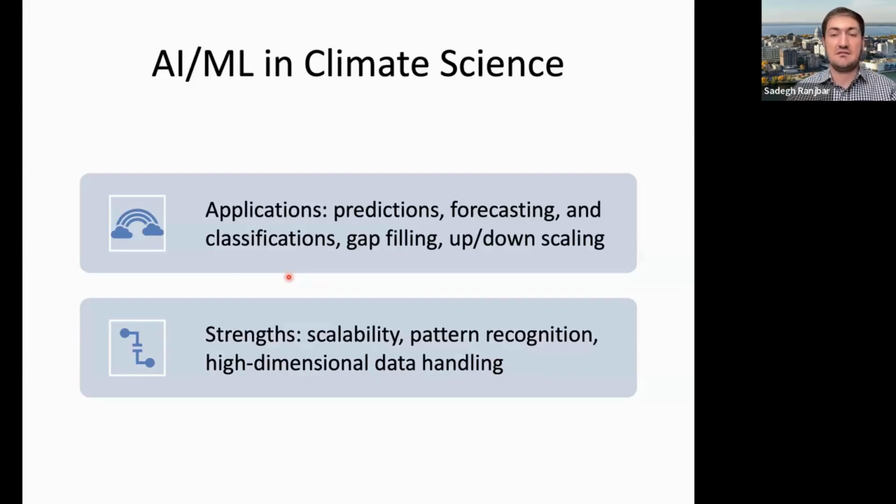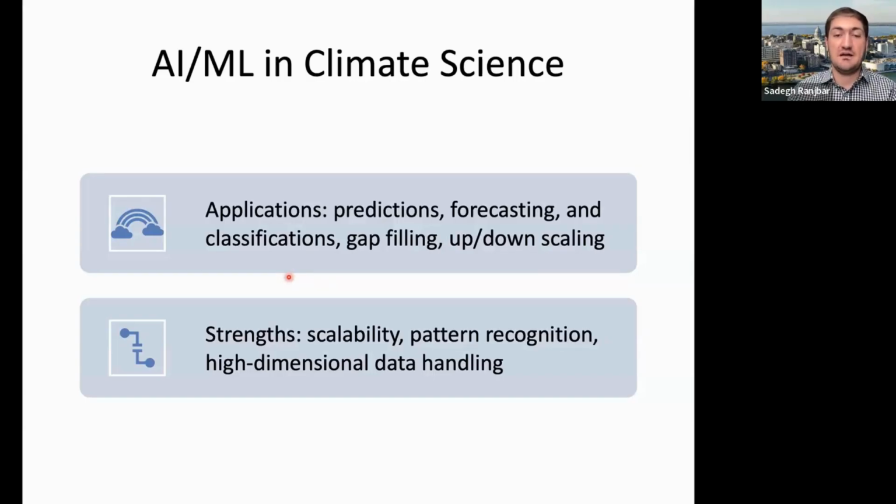First of all, when we as scientists talk about climate, we always want to model some variables and climate behaviors, and machine learning and AI is a very great tool for us to do that.